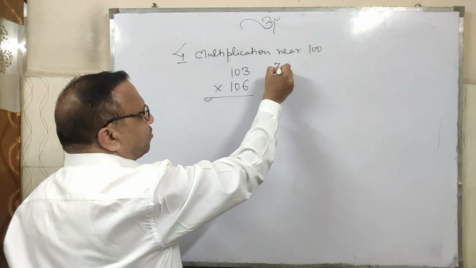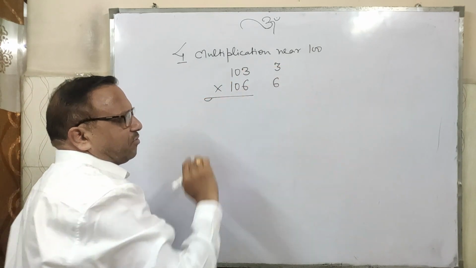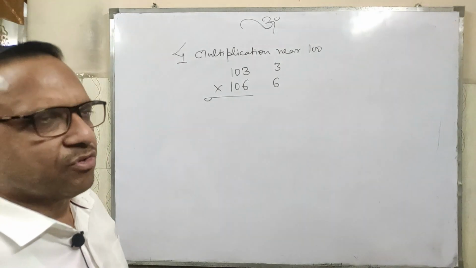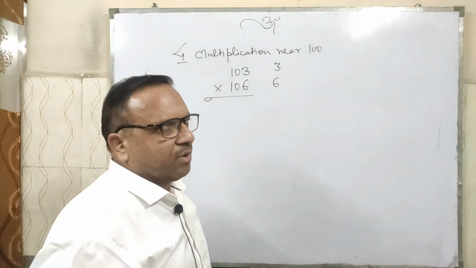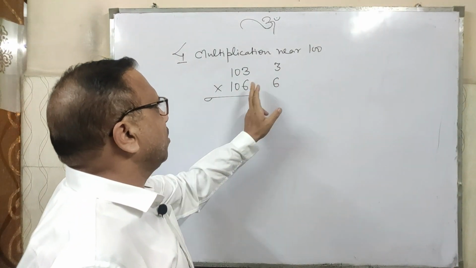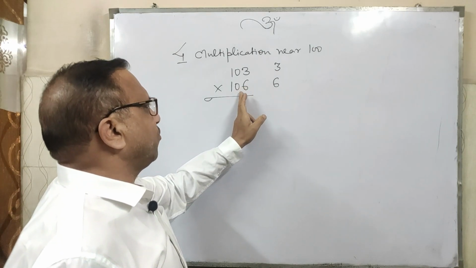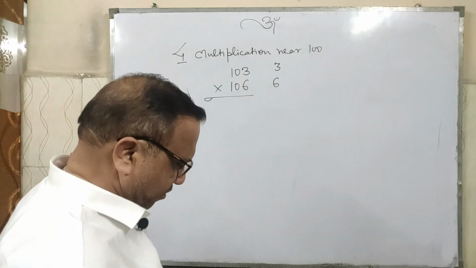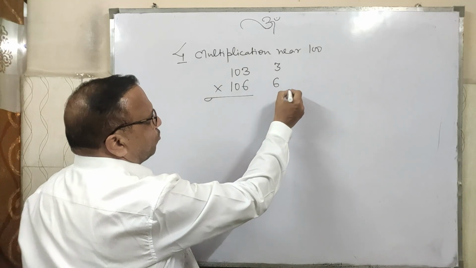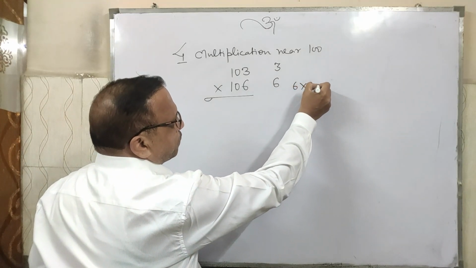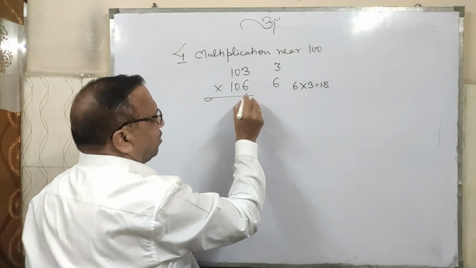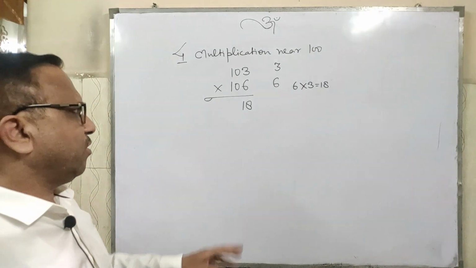The 3 and 6 we write separately, the amounts which are more than 100. The difference of 103 with 100 is 3. Difference of 106 with 100 is 6. You multiply these two. 6 3 जा 18. You write 18 here. Is it easy?